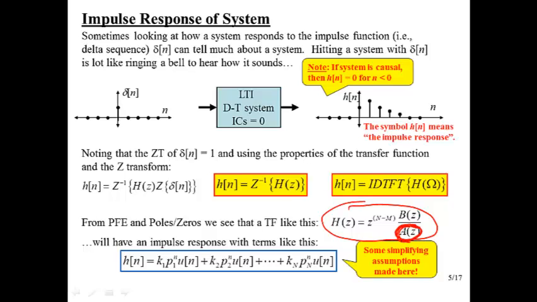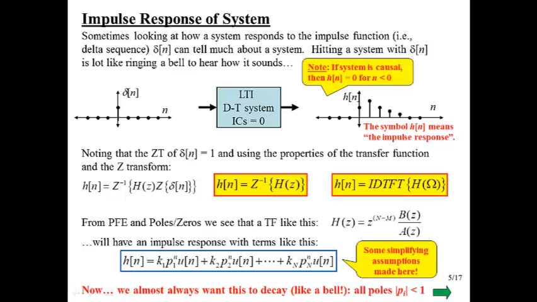If we assume we don't have any repeated roots and we don't have any direct terms, then for each of the poles, we'll get a term that looks sort of like that. We've made some simplifying assumptions here just to illustrate some points easily. But this is a very key idea, and we want this impulse response to decay.